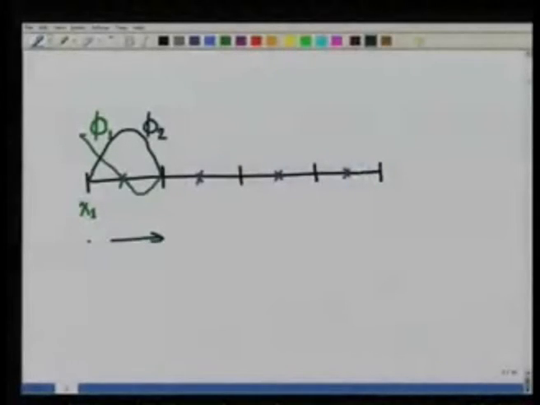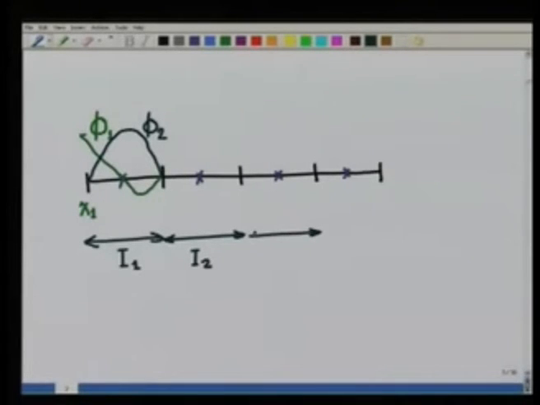So, if I can draw that element here, this is element I1, this is element I2, this is element I3, and this is element I4. Then I can draw phi3 accordingly. Phi3 should be 1 at this point and 0 everywhere else.